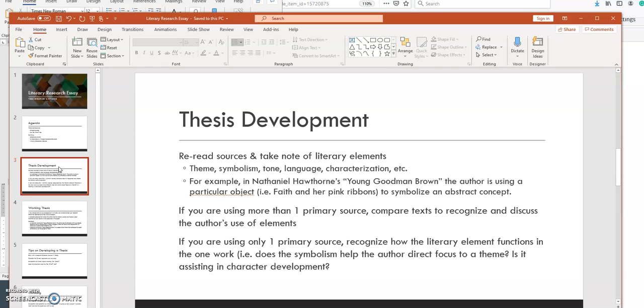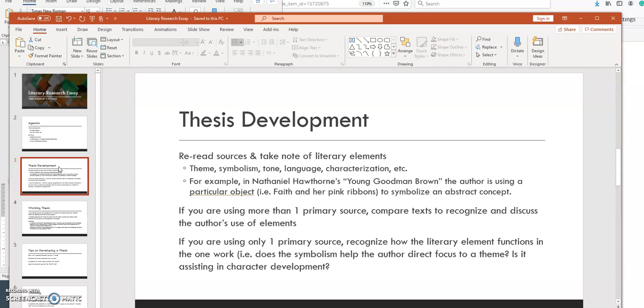All of that can still be discussed, but the thesis should talk about some kind of literary element having the influence over, having a guiding force over that text.